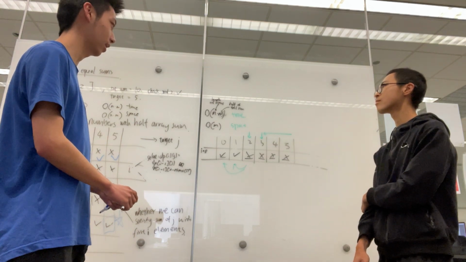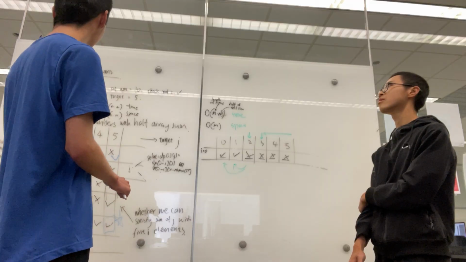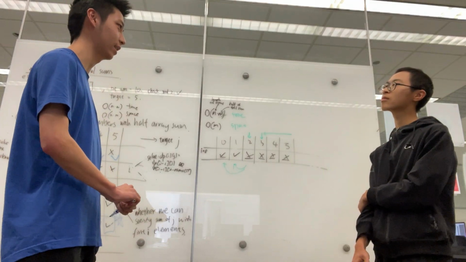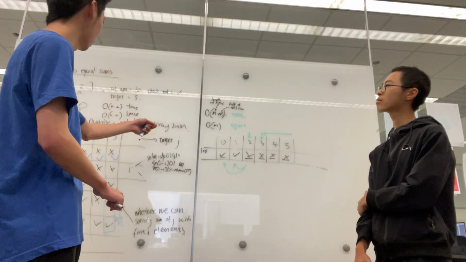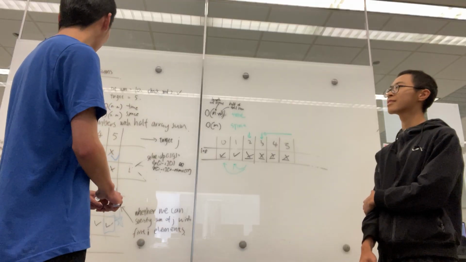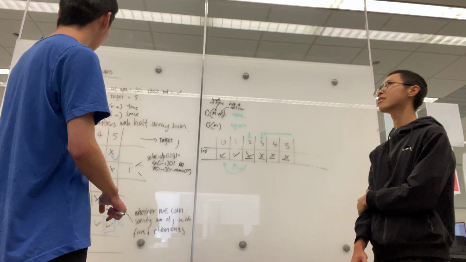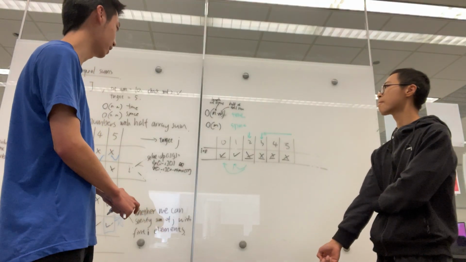I think there are some equivalent problems. This problem is basically equivalent to this observation right here: anytime you're trying to find a subset that equals a given sum, it's pretty much the same problem.